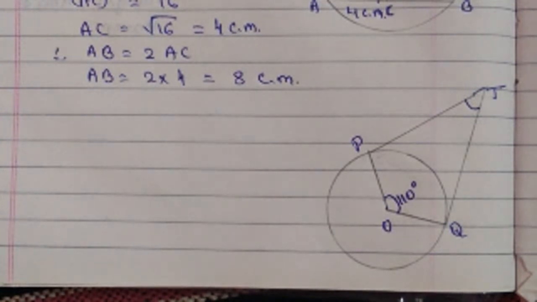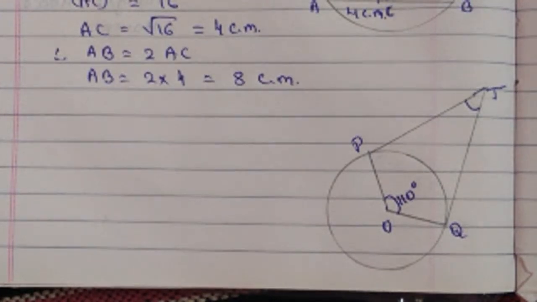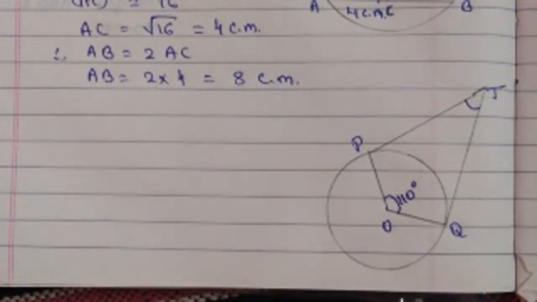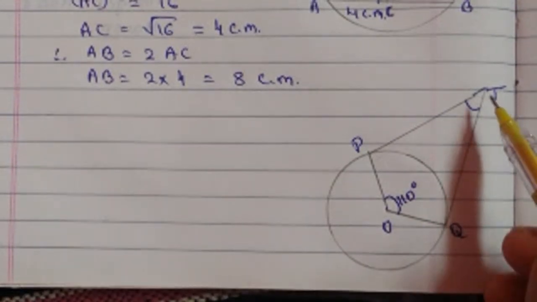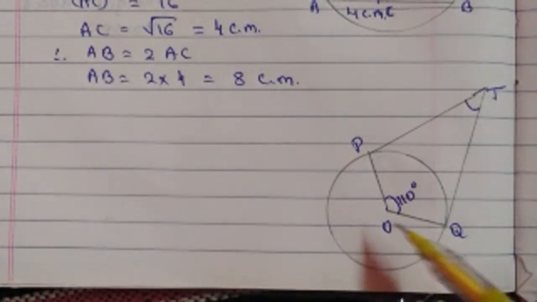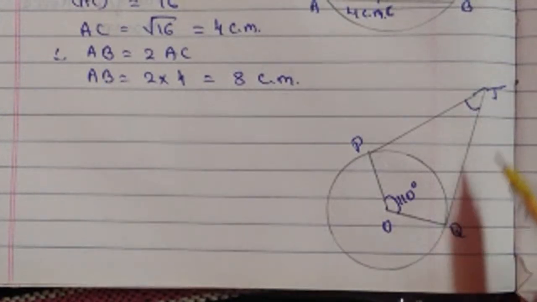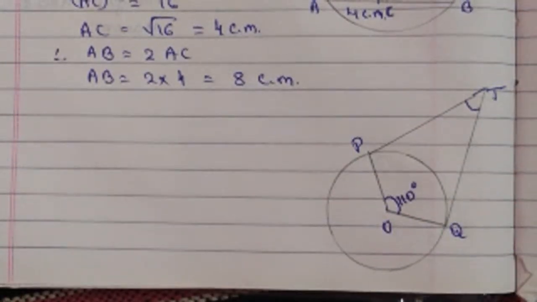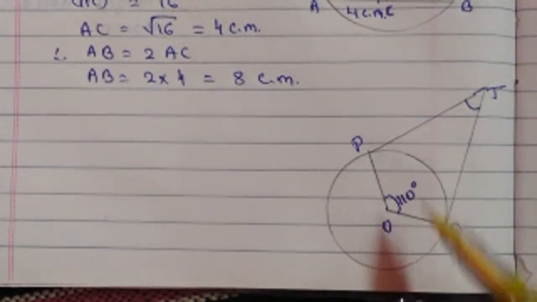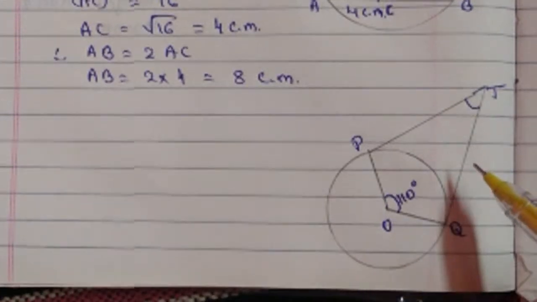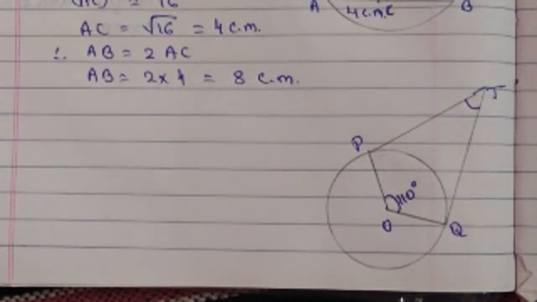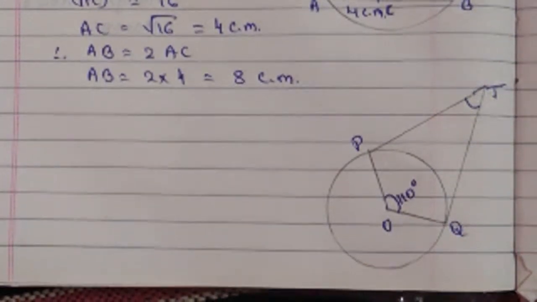In the construction chapter, while constructing the tangents, I explained this. Here we have points T, P, Q, O. When we join T, P, O, Q, it forms a quadrilateral, and we know that the sum of all the angles in a quadrilateral is 360 degree.